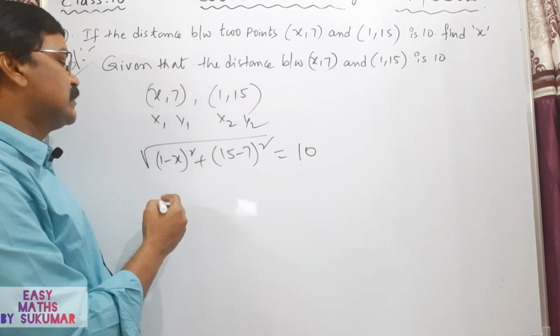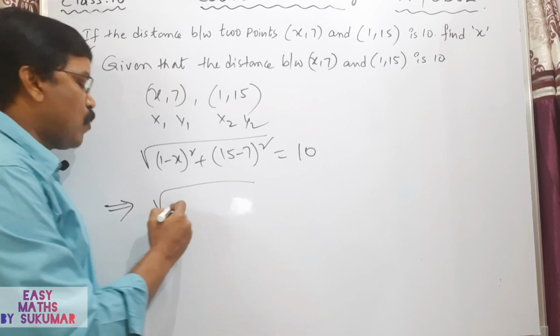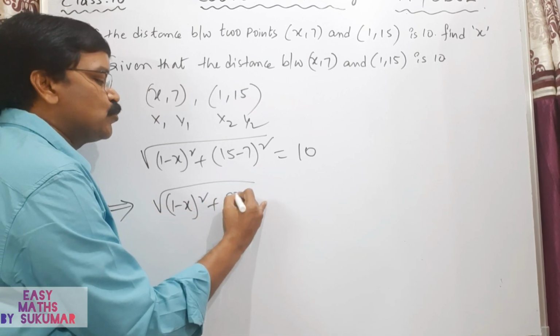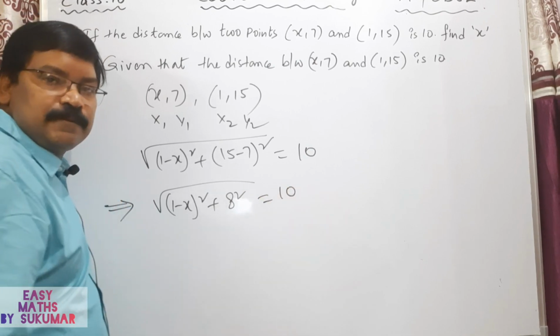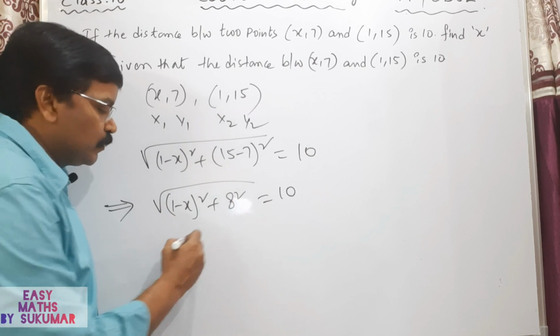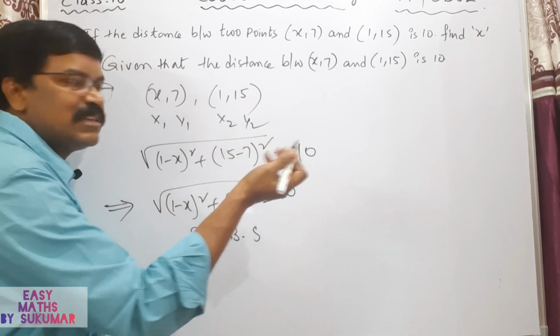See my dear students, this implies, look here, 1 minus x whole square plus 15 minus 7, which is 8 square, is equal to 10. Let us square on both sides to remove the square root here. Again squaring on both sides like the previous sum.